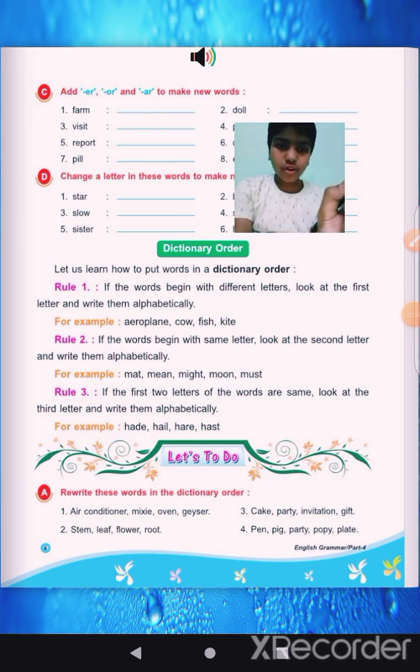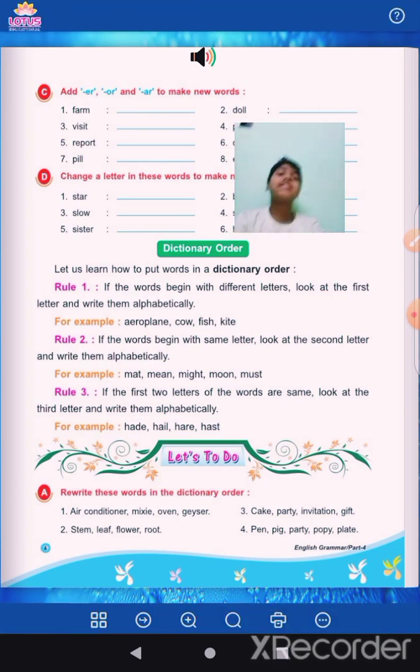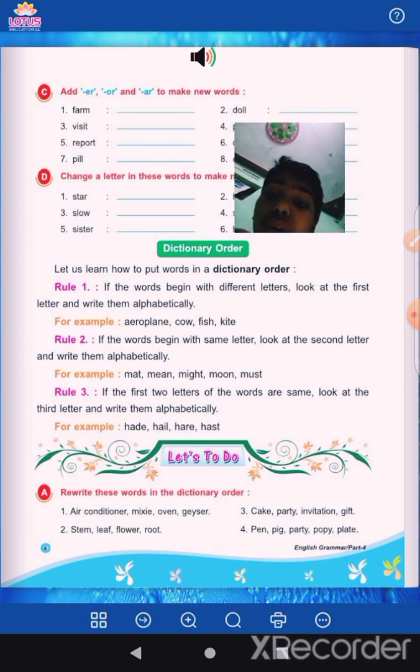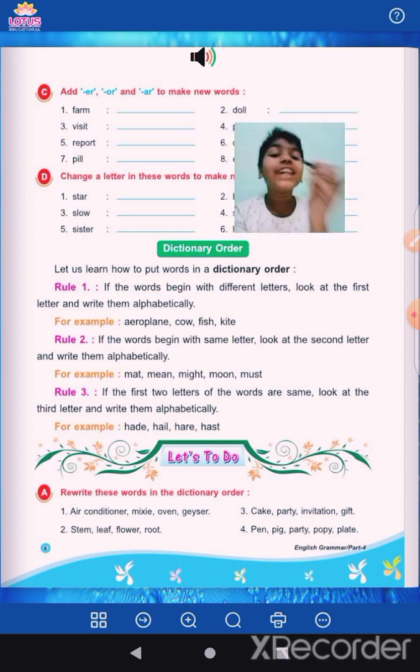Dictionary order means how does a dictionary go, in which type of series does the dictionary go? So in this way we will understand it.